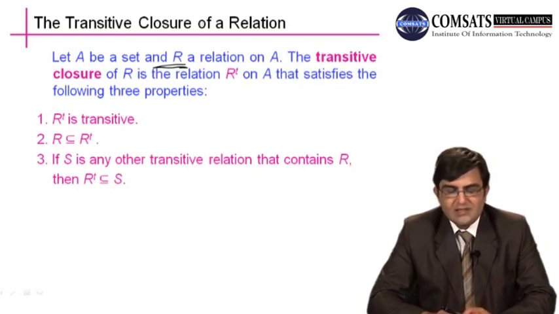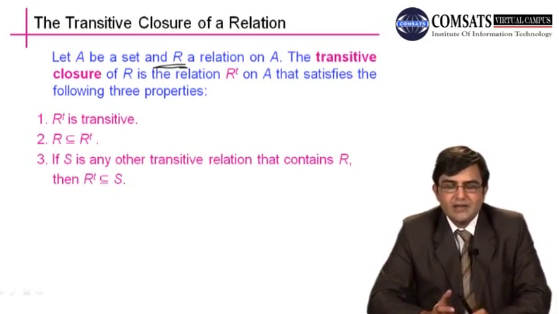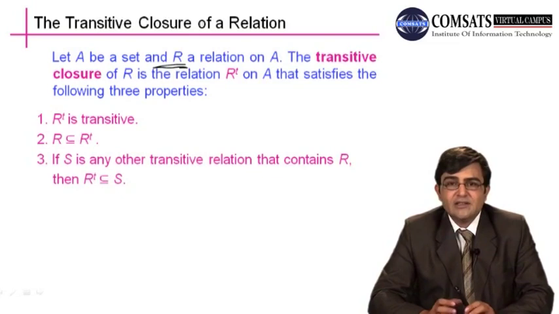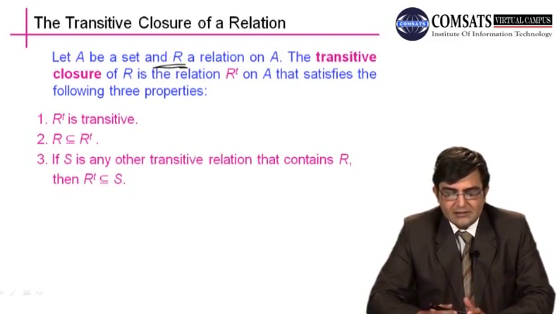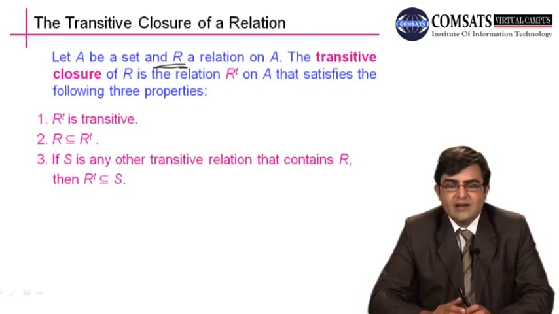So what does this definition mean? It means how to make a relation R, which is defined on a set A, a transitive relation. This definition tells us how we can make a relation transitive when it is not transitive. It may be transitive, but if a relation R is not transitive, then how can we make it a transitive relation?